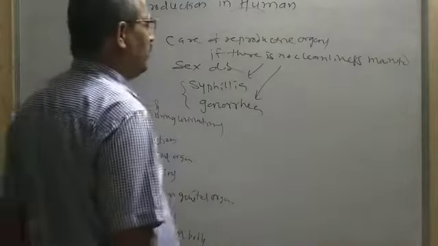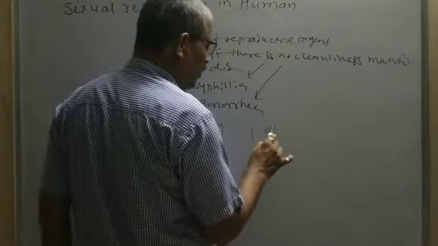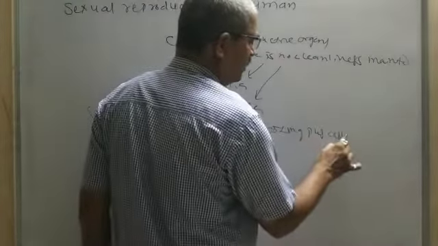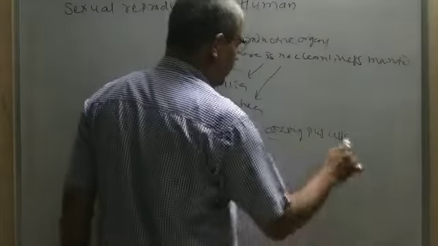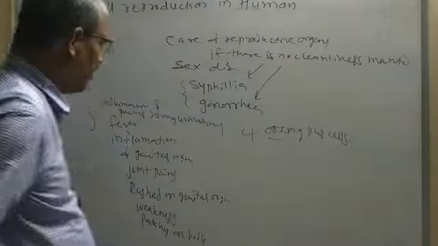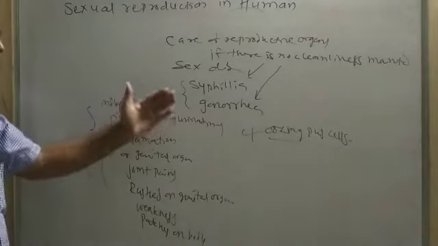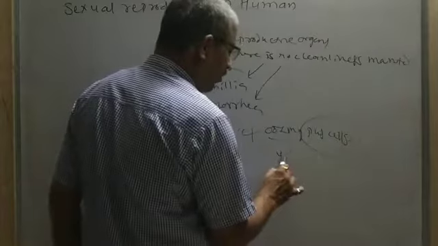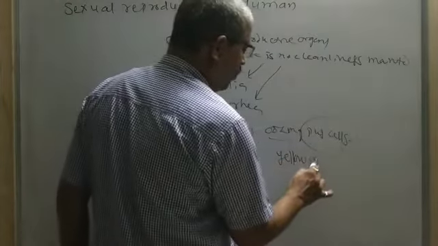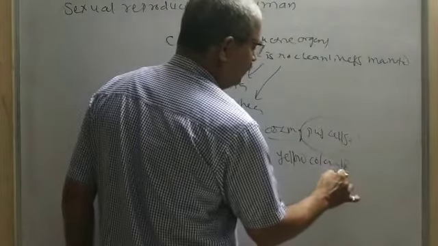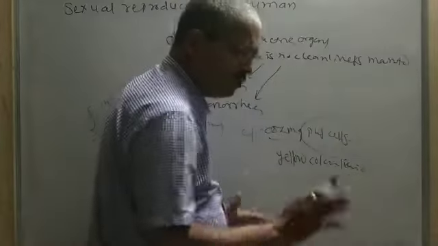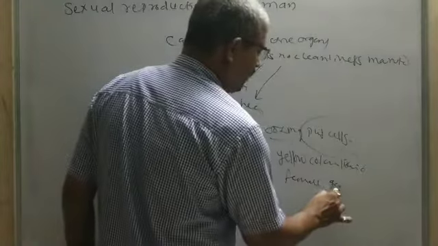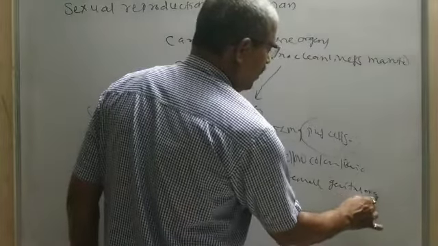In case of syphilis, there is oozing of pus cells. Oozing of pus cells is also an effect, or these are symptoms, of syphilis. These pus cells are a yellow colored liquid that oozes out from the female genital organ.